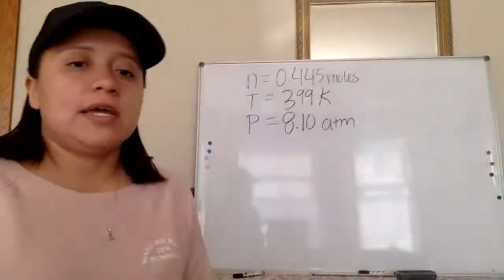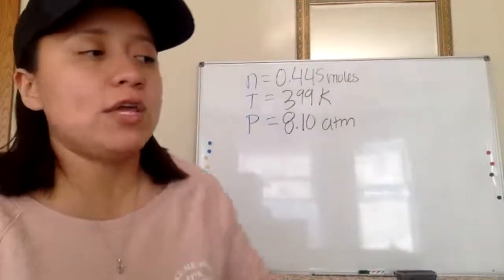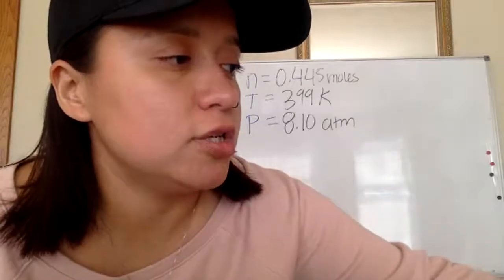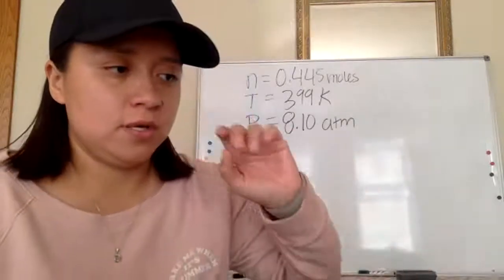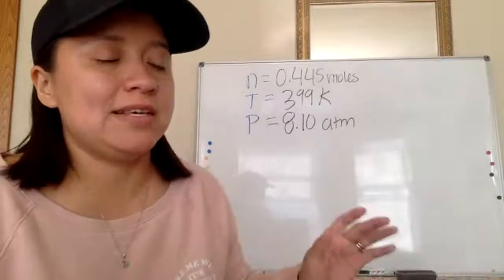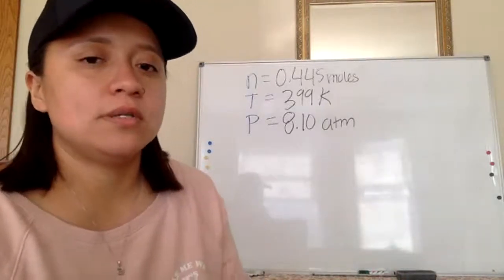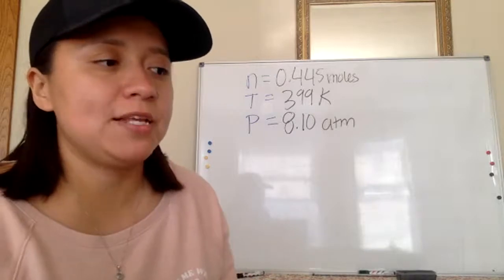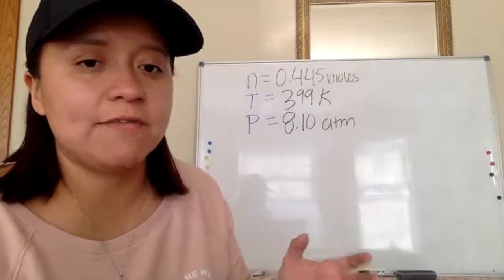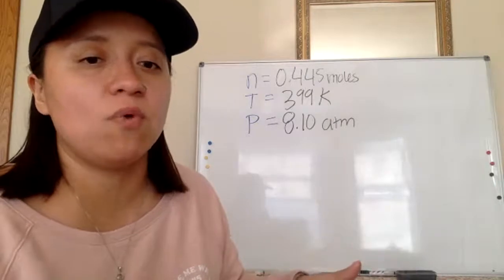So I want you guys to take a look at these three. When you're looking at your gas law cheat sheet to see which one you're going to use, you have to notice that this is the only law that doesn't have N1, N2, T1, T2, P1, P2. The reason is that the ideal gas law compares at one instance.